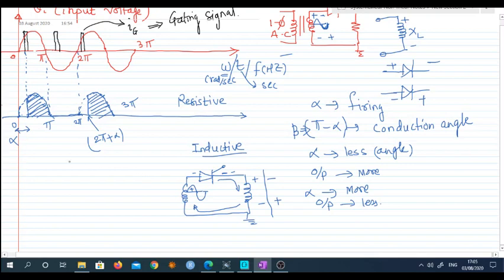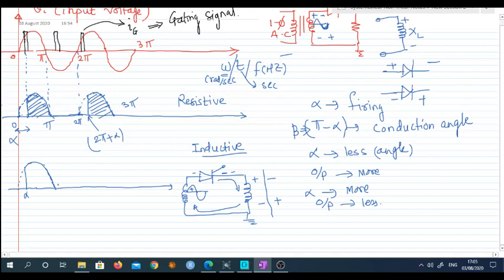So during this period, we can show it in the form of waveforms. Let me illustrate this with the figure. So here, during the positive half cycle, let me assume that from this point onwards the SCR starts conducting. So this is my alpha.